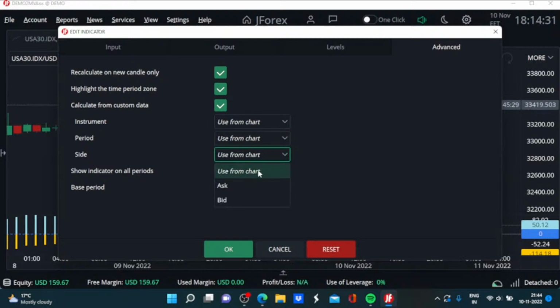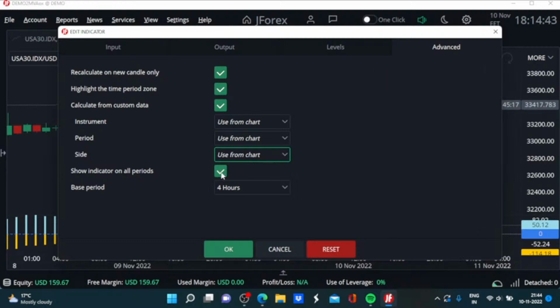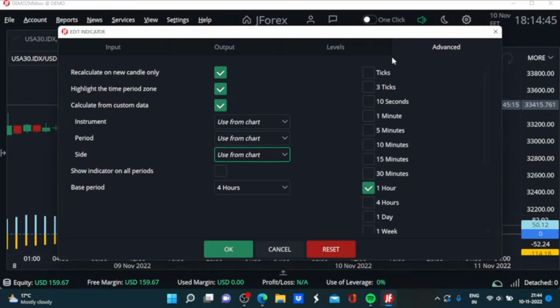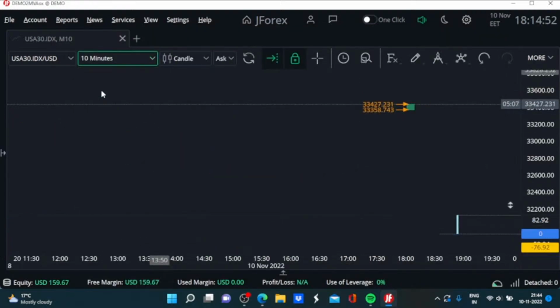The spread side, you can use ask or bid, so you get these two options. You have also the option to use the indicator on all the candle periods. Whenever you want to use it, you have to opt for this option. Else you can specify on which time frame you want to use the indicator, and only on those time frames. For example, I have opted for 10 minutes and hourly.